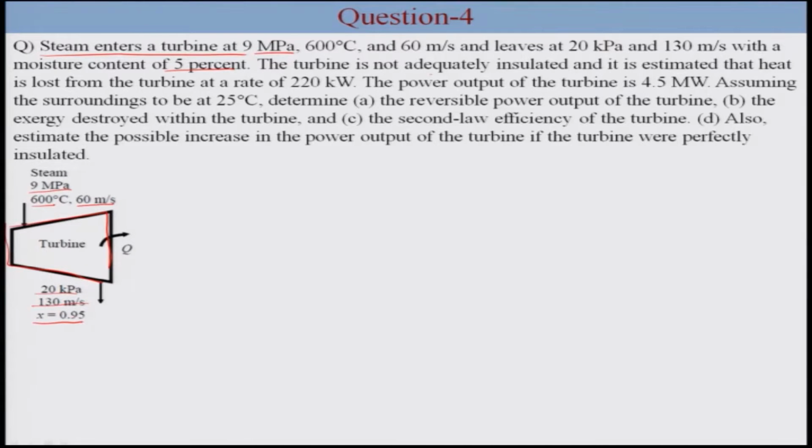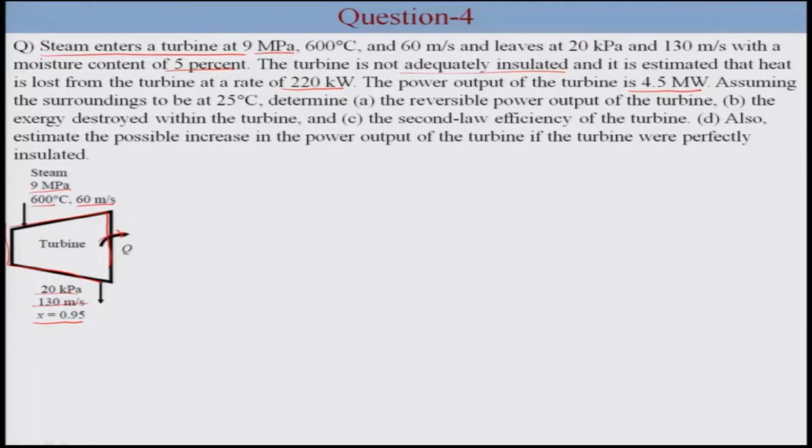The turbine is not adequately insulated, so some amount of heat is going out as it is not properly insulated, and it is estimated that heat is lost from the turbine at a rate of Q dot is 220 kilowatt. The power output of the turbine, so this is the work produced by the turbine, is 4.5 megawatt.